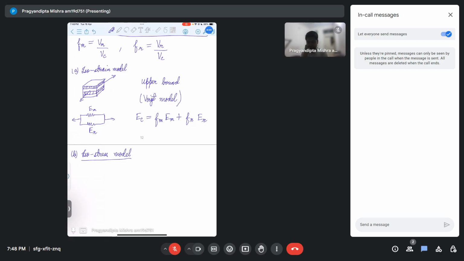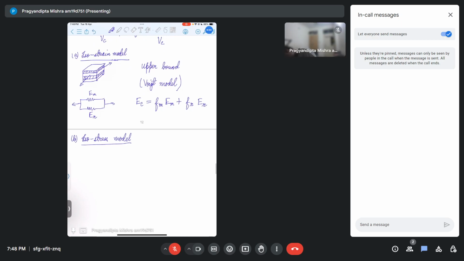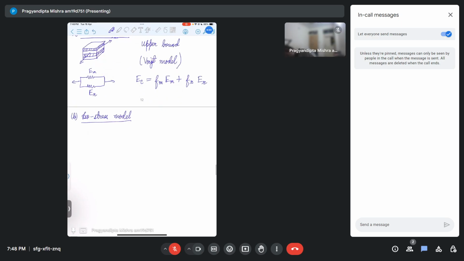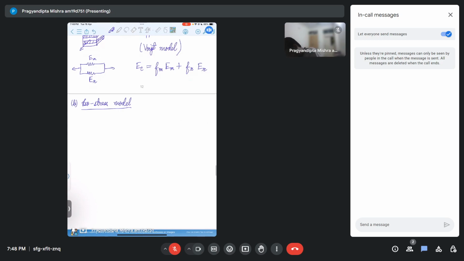Here essentially we have the composites, and the matrix being arranged something like this.